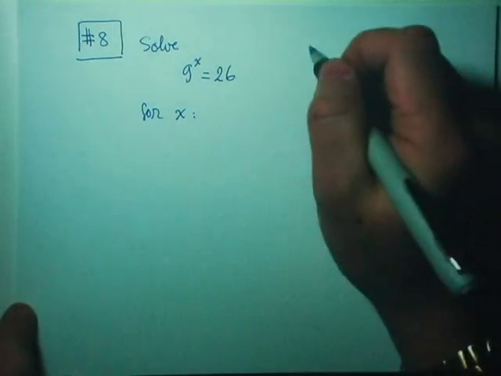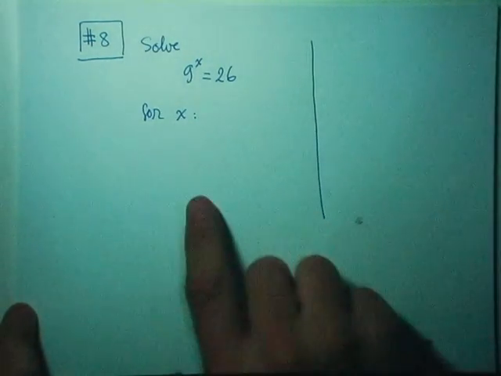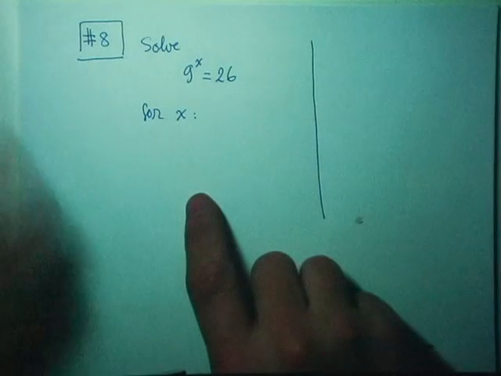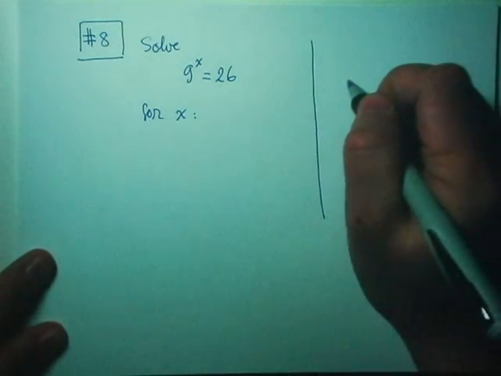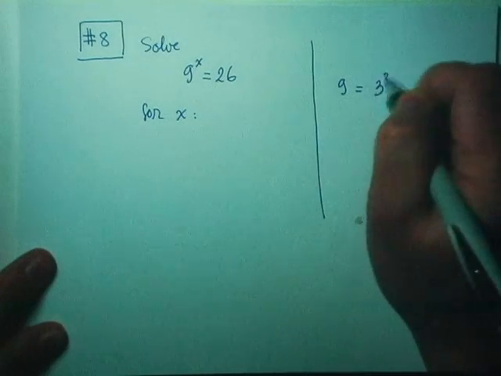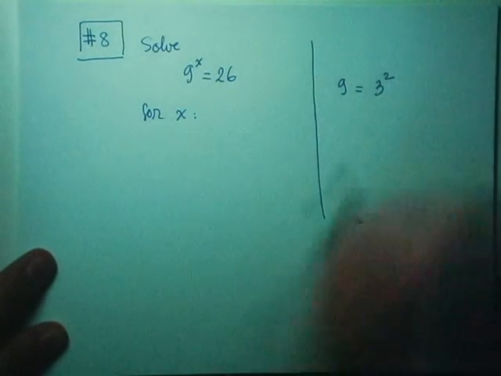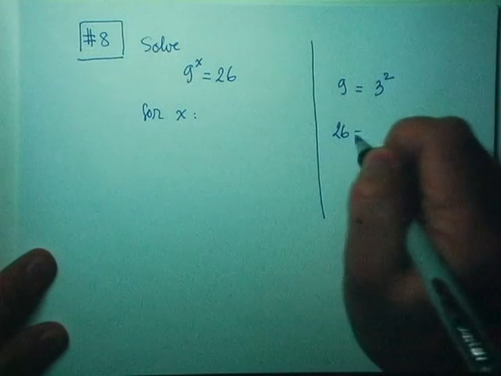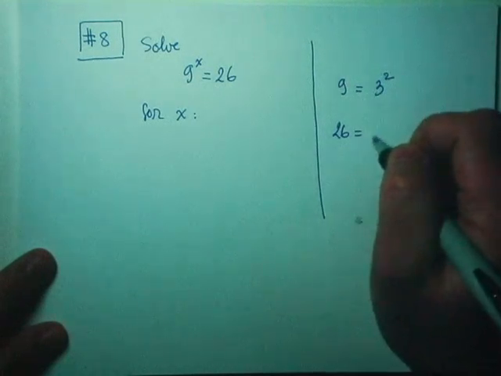Now, reason being, you can try to apply the same trick that we have had in the past 7 problems. However, here's the case. 9, you can write it as 3 squared, okay? That's good, I'm all fine with that. 26, the problem here is you cannot find any better power for that.